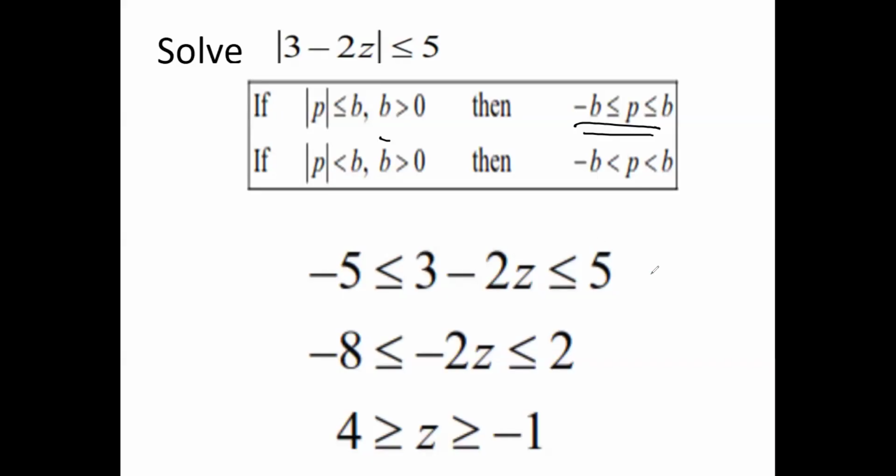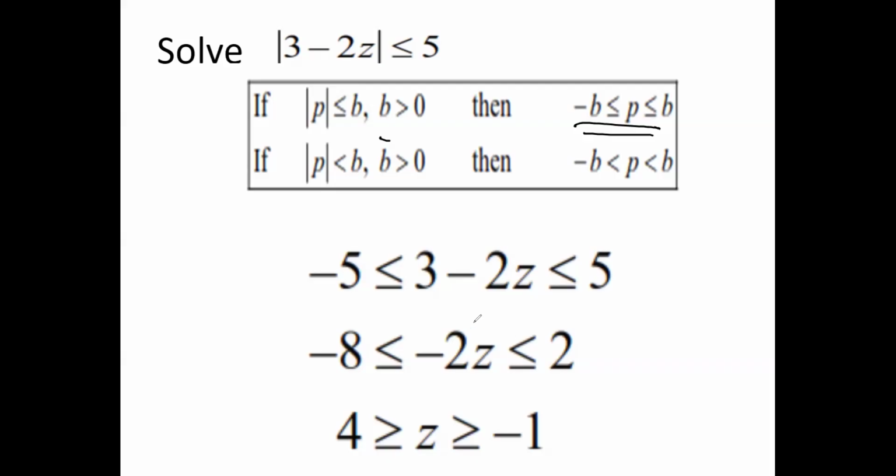Meaning 3 minus 2z is somewhere between minus 5 and 5. It could be minus 5 or 5, but otherwise it's somewhere between these. You want to get rid of this 3, so we minus 3 throughout. Minus 5 minus 3 gives you that. Take away the minus 3 from there, you get minus 2z. Then you take away 3 from there, you get 2.